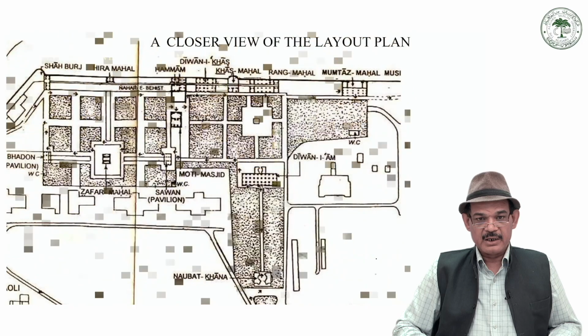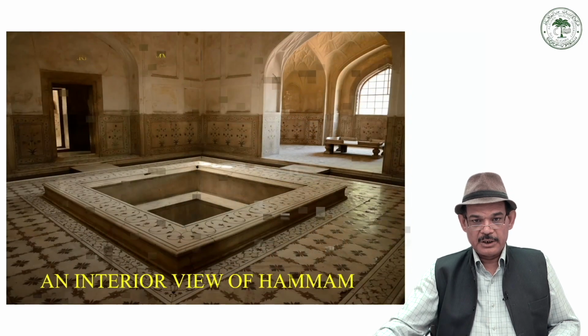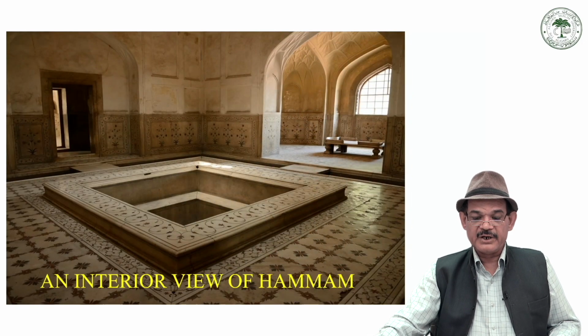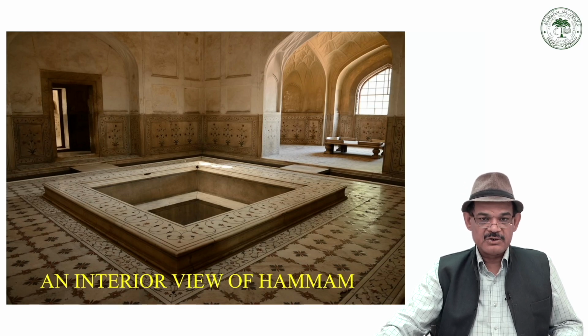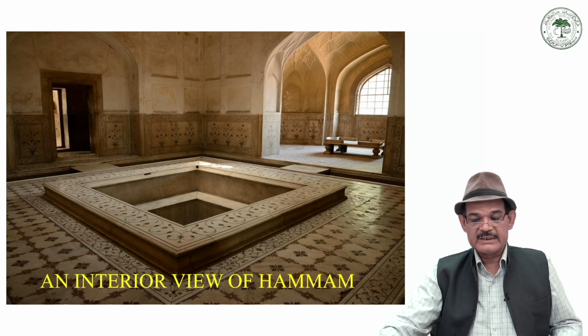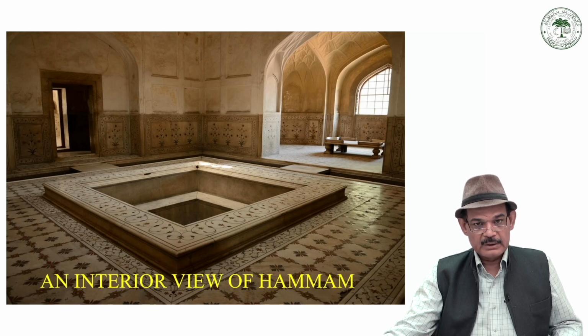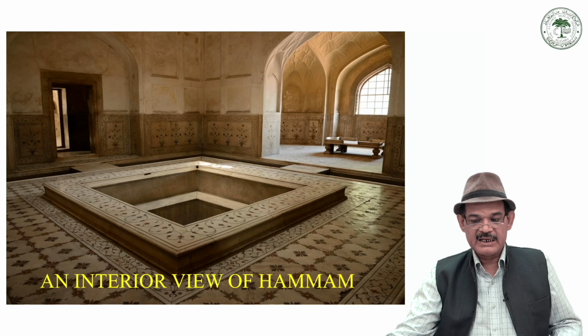In the center apartment, there is a marble tank, and this central room is used for performing the various stages of the bath. Towards the west is another apartment, the western apartment, which consists of the machinery, or rather a heating arrangement.